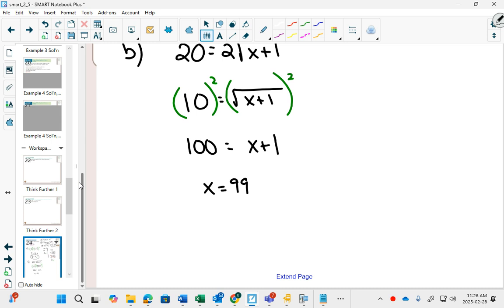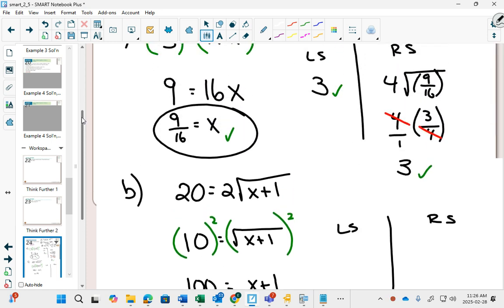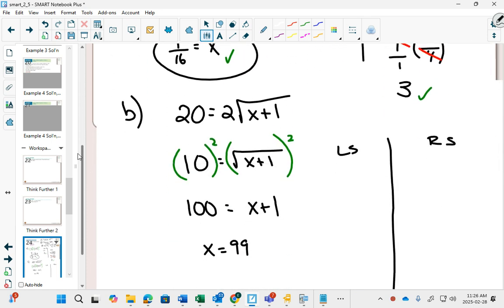Now we have to verify. Draw a straight line, left side and right side. Go back to the original equation, which on the left side had 13. On the right side had 2 times the square root of x plus 1 minus 7. Plug in 99.